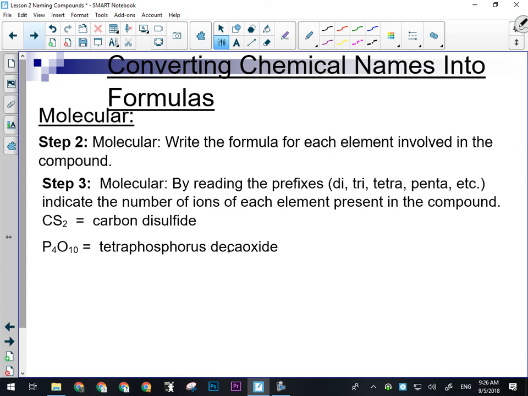You just use the prefixes to get the numbers. As we said, in molecular compounds, we don't reduce. I could reduce this if I wanted to, divide both by 2 and get 2 and 5, but I'm not going to do that because it's molecular and I was told what the numbers were. If I had an ionic compound that came out to 4 and 10, then I would reduce.